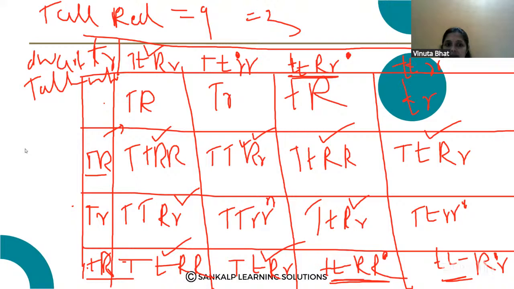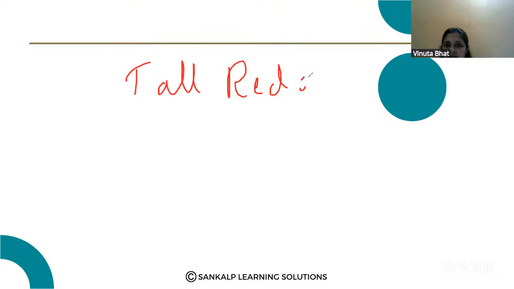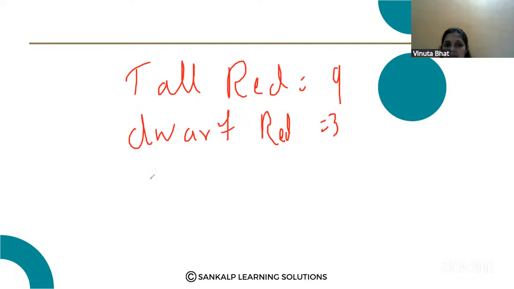I will clear this. Just I will write: tall, red color flowering plants, so a total of 9 plants were produced. Then dwarf or short plants with red color flowers, that is 3 plants.